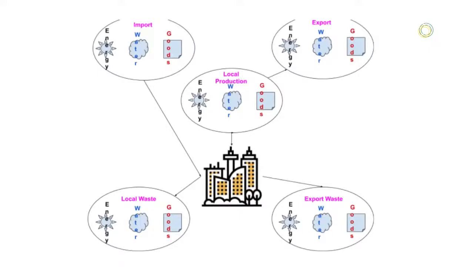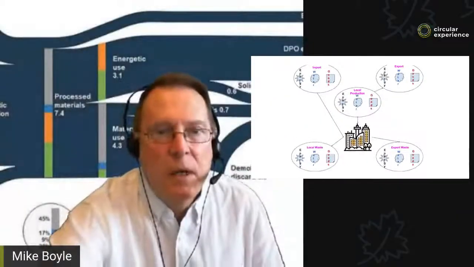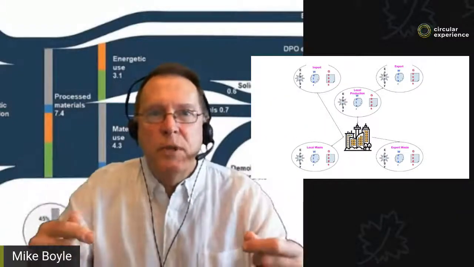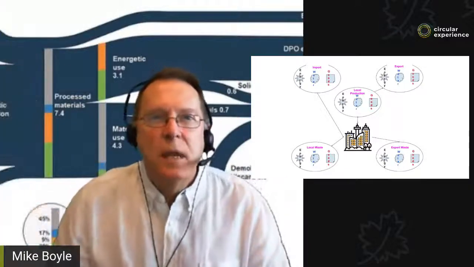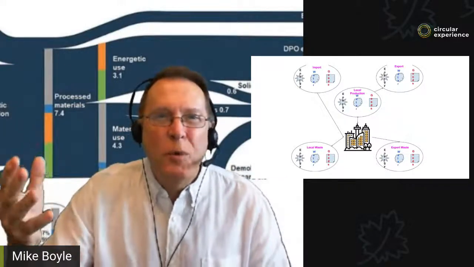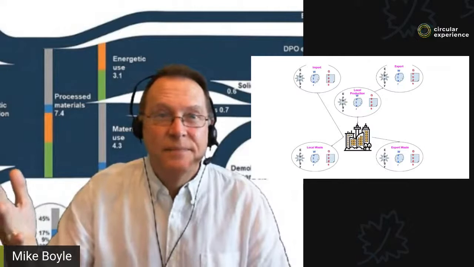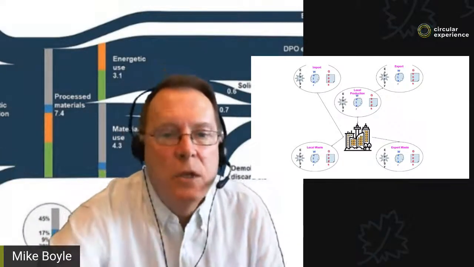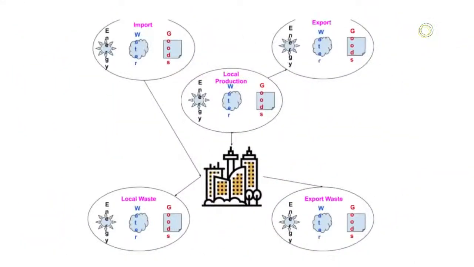Now, I ask a question of you. If we produce it and we send it somewhere else, does that mean that the CO2 footprint does not exist? Yeah, I thought you would come to the same conclusion. So let's move on. So we have our imported materials. And again, I think it's important to look at it from an energy perspective.